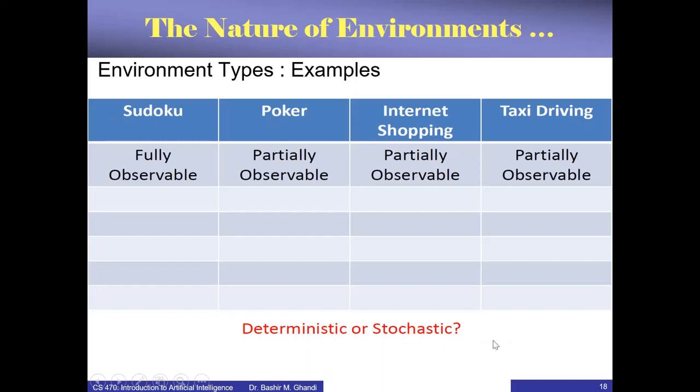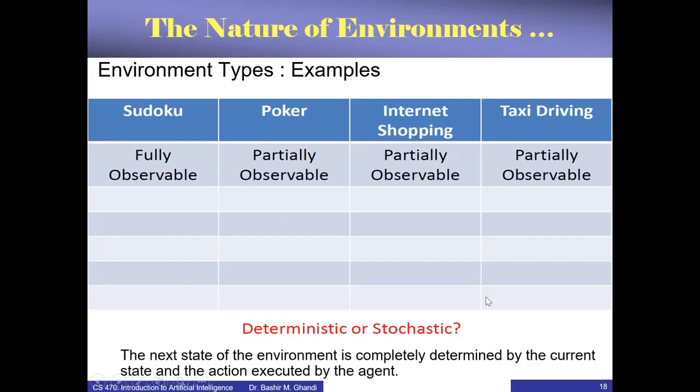So again, to remind you of the definition of a deterministic or stochastic environment: if the next state in the environment is completely determined by the current state and the action executed by the agent, then the environment is said to be deterministic. Otherwise, it is stochastic. Okay, so the next state should be determined only by the current state and the action that the agent is going to take.